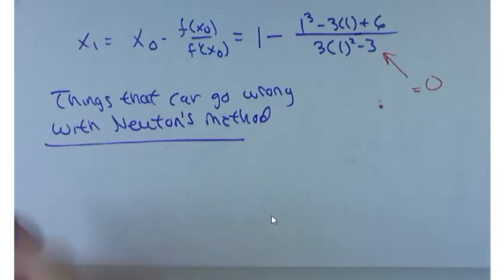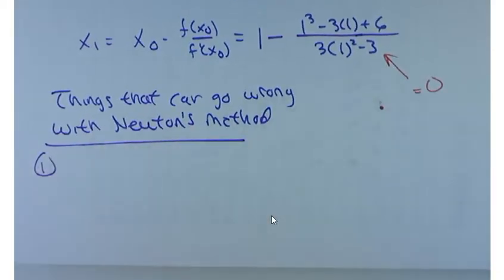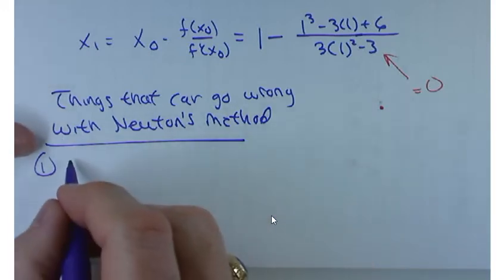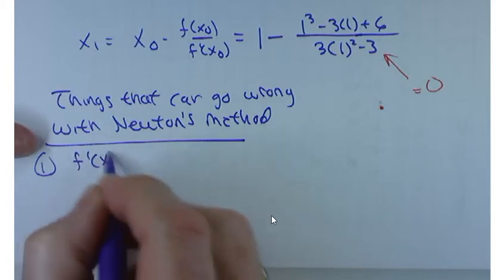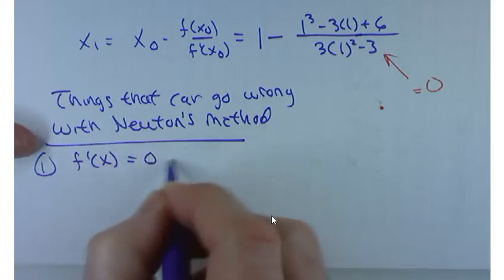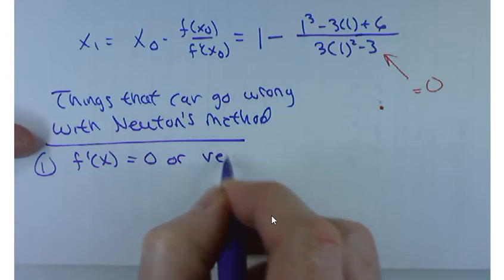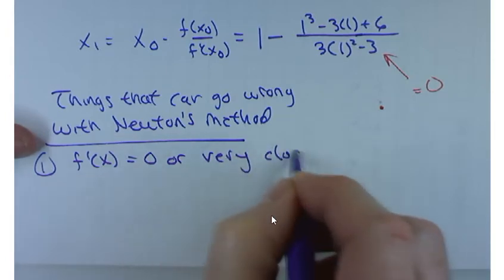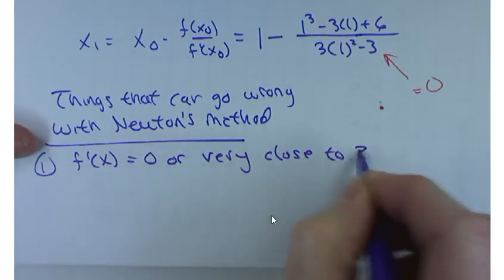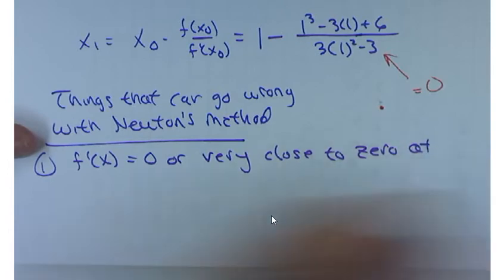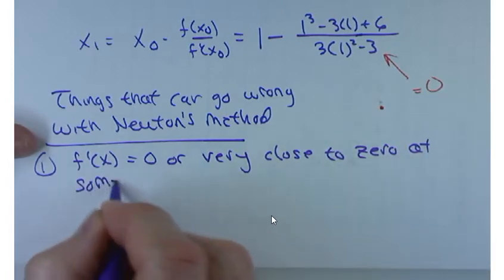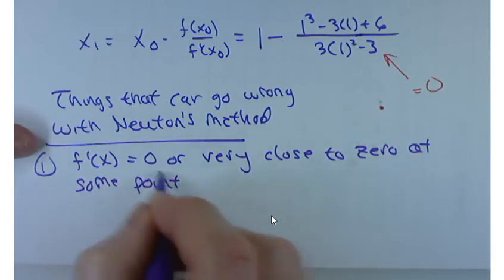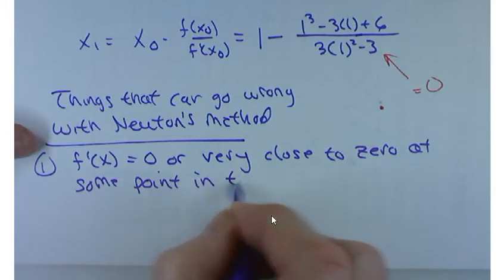The first one is that the derivative is equal to 0 or very near 0 at some point in the iteration. F prime of x equals 0 or very close to 0 at some point in the process or iteration.